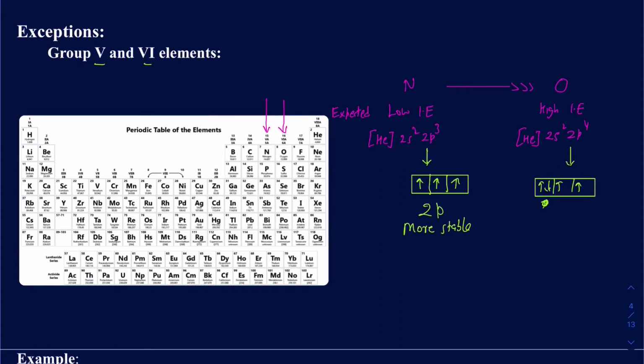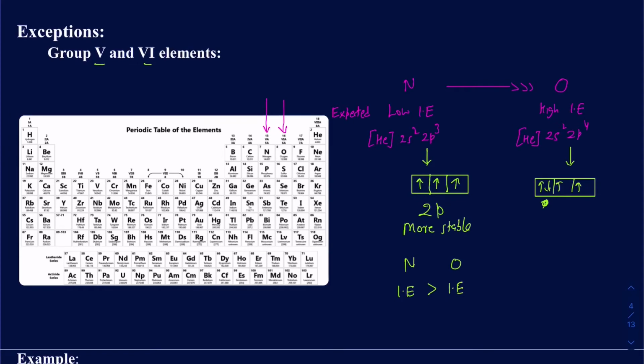So even though we expect that nitrogen would have lower ionization energy than the oxygen, technically nitrogen has higher ionization energy than the oxygen. So nitrogen ionization energy is greater than the ionization energy for the oxygen.